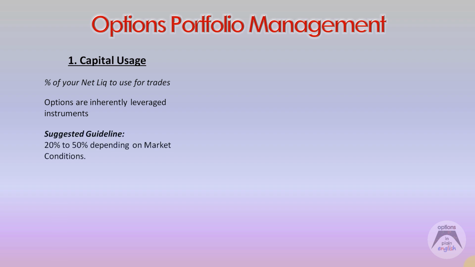So what we would suggest when you start designing your portfolio is that you start by determining which percentage you're going to use. And we suggest that you use anywhere from 20 to 50% of your whole portfolio in actual trades.